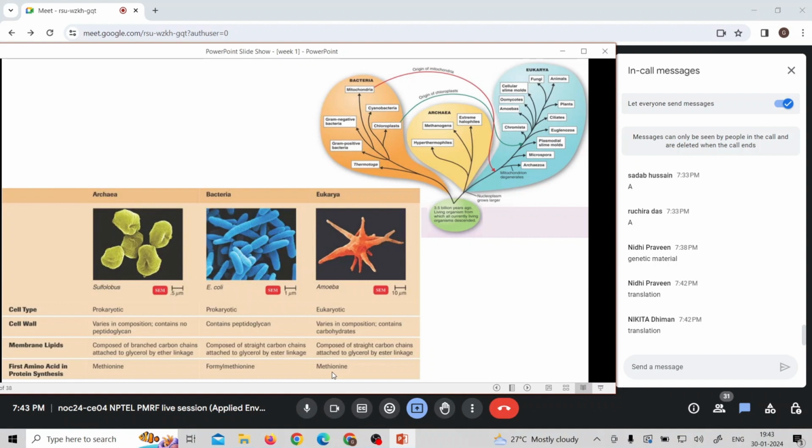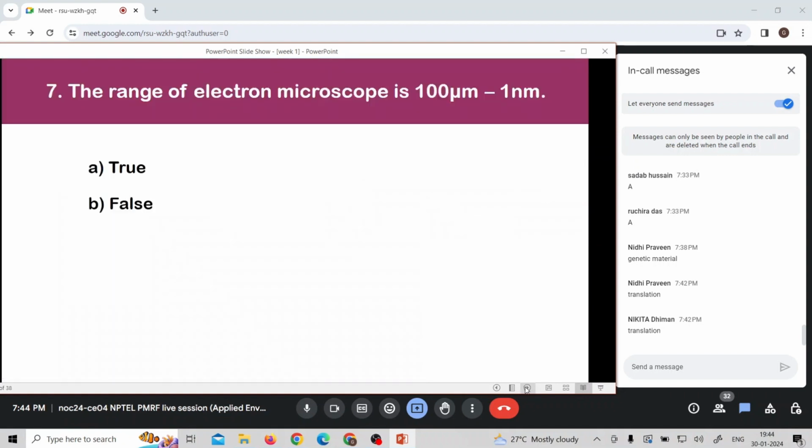I guess first we saw prokaryotes and eukaryotes, and gradually we moved towards speaking about specific organisms. Now I will give you a couple of minutes to answer this question so that we'll solve a few more questions and go for another discussion.